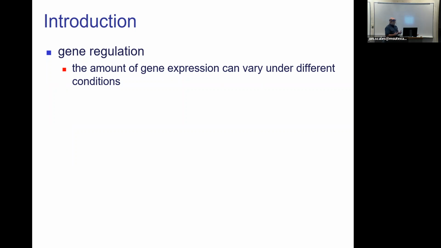But the regulation of building that final product, either it being the RNA product or a protein product, is what we're talking about here. How does the RNA polymerase know where to start? Well, we know it has to recognize promoter sequences.